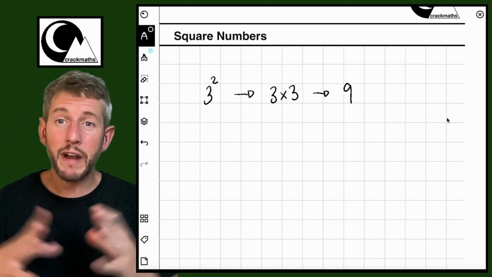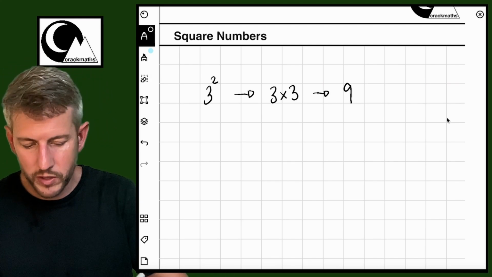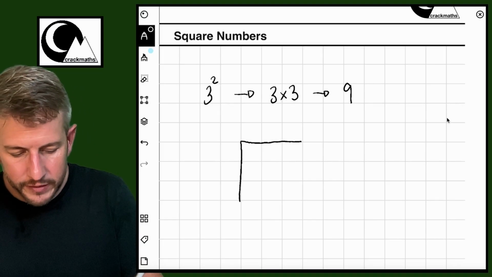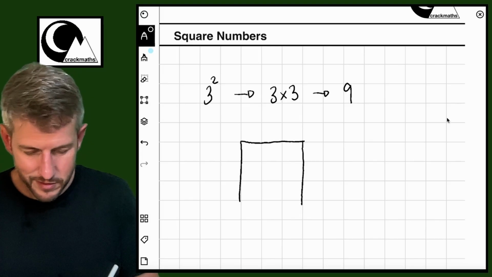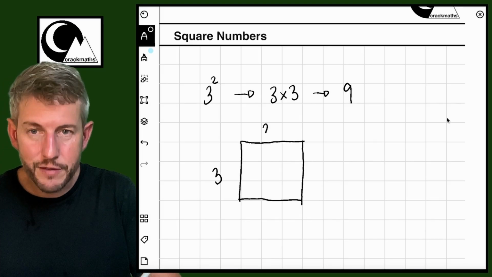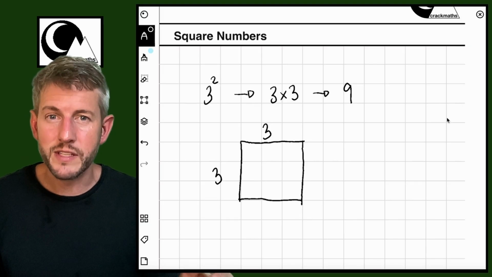Now, the reason why they're called square numbers is because if I had a square here, let's make it a 3 by 3 square, where this length is 3, and obviously this length is 3 because with a square, all the lengths are the same size.